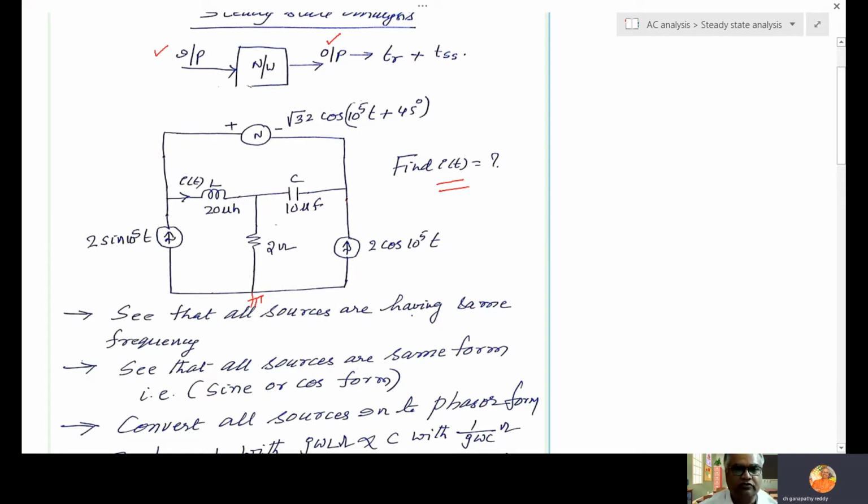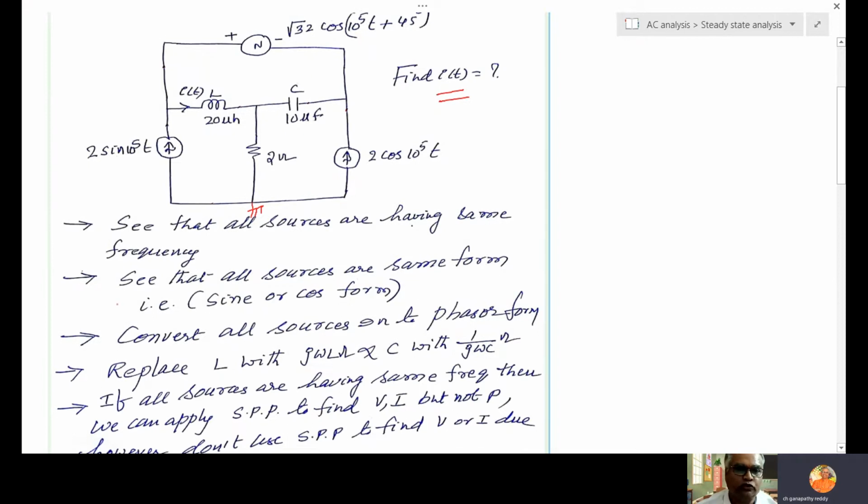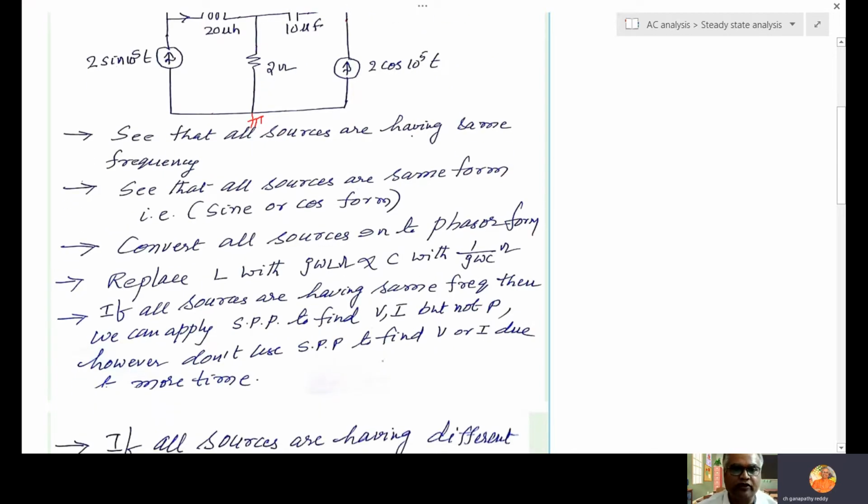For any circuit there is a common procedure. For all AC circuit analysis, a common procedure is designed. First let me go through these steps, then explain how to apply them on this problem. Later I will explain how these points came, and the theory behind each statement.